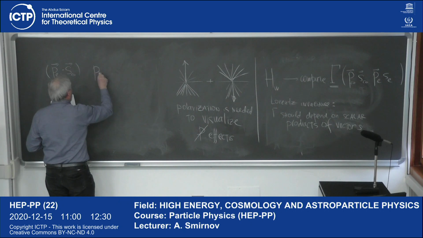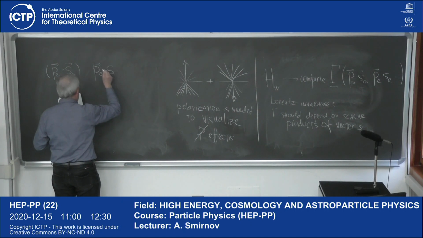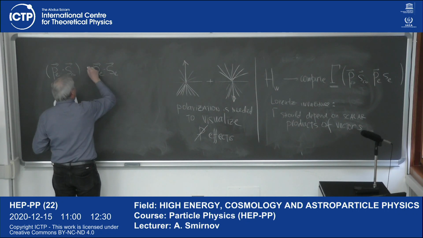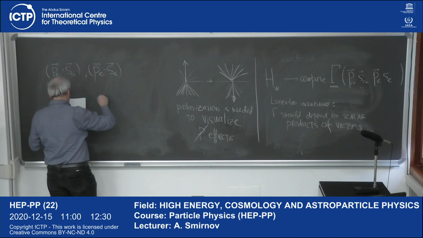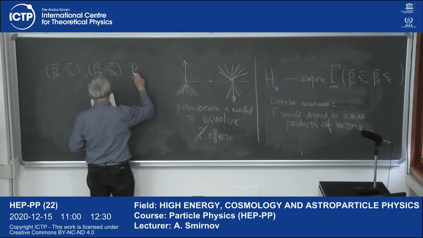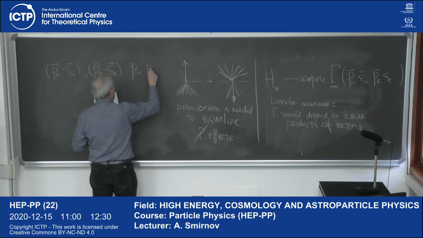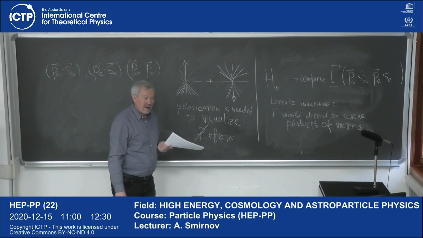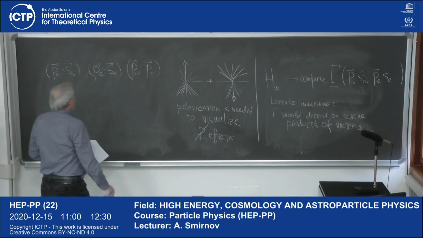We can take momentum of electron and multiply by spin of electron. We can take momentum of cobalt and multiply onto momentum of electrons. And we can construct even more if we use the momenta of neutrinos.